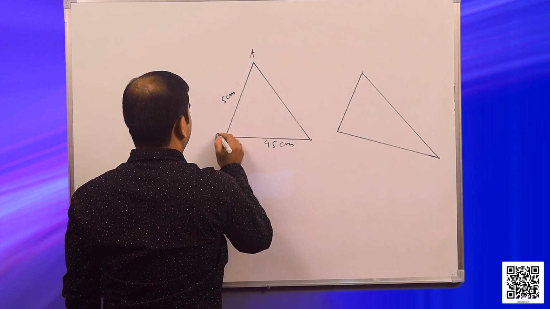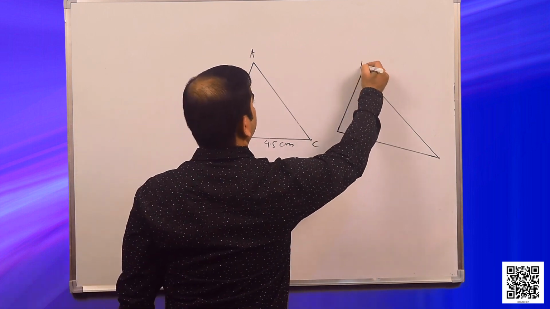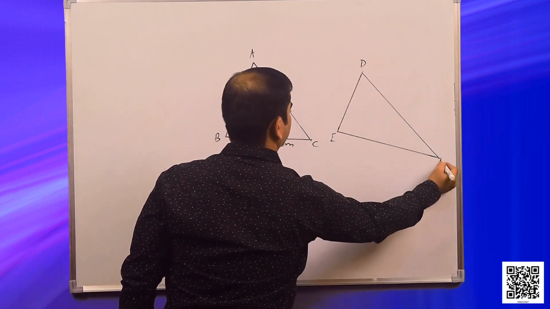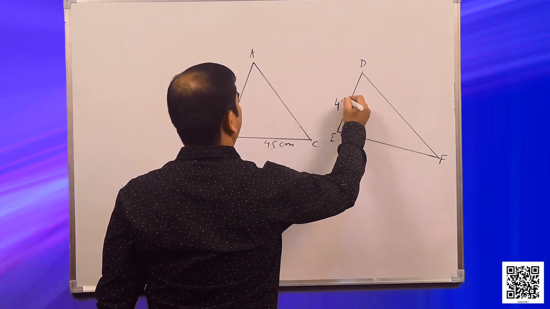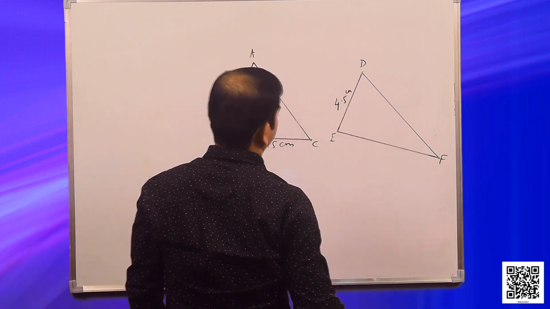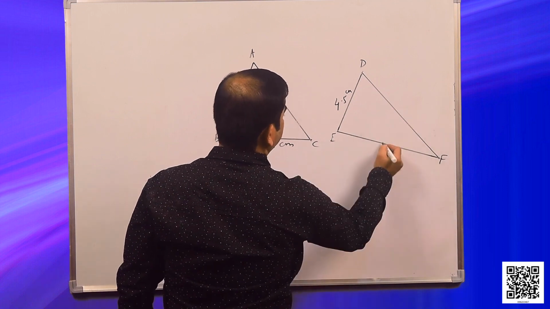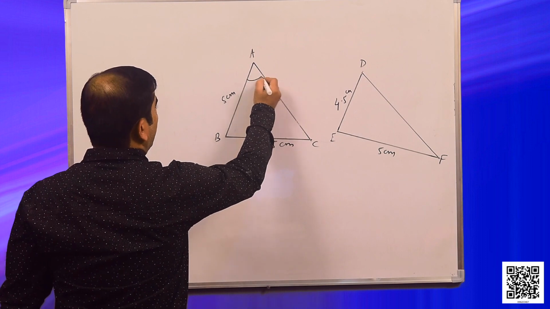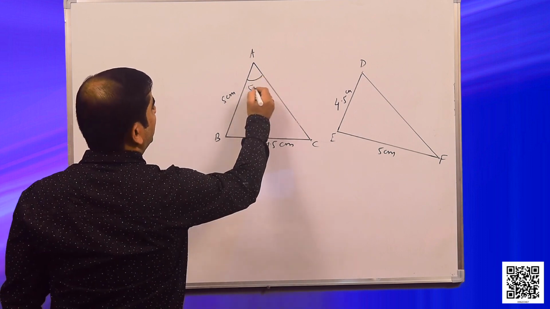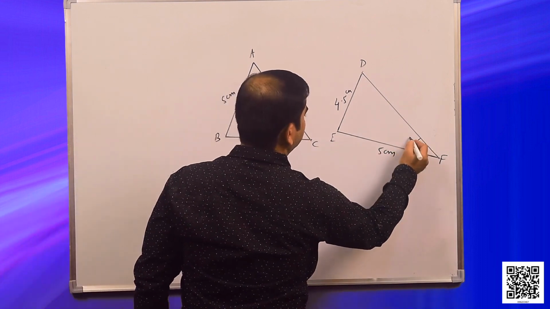Let us name this triangle as ABC and this as DEF. Suppose this height is 4.5 centimeter, and this side is 5 centimeter, and this angle is 50 degree and this angle is 50 degree.